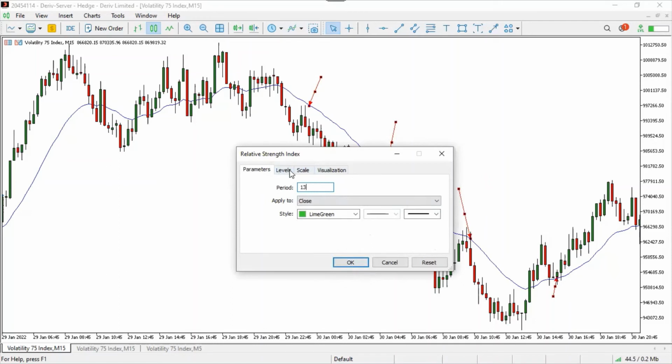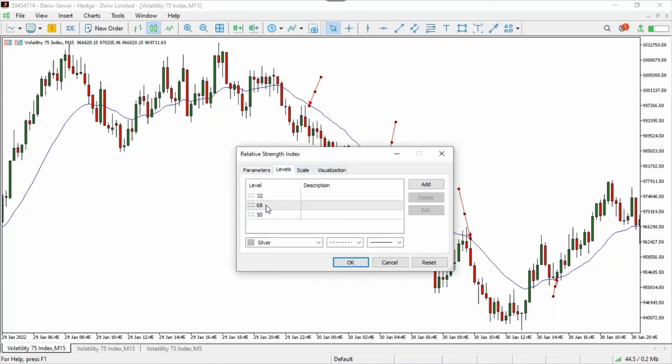Then on your levels, you change the defaults of 30 and 70. I normally like to use 80, 30, 80, 20, and 50. 50 is the midline, 80 is the overbought, 20 is oversold.